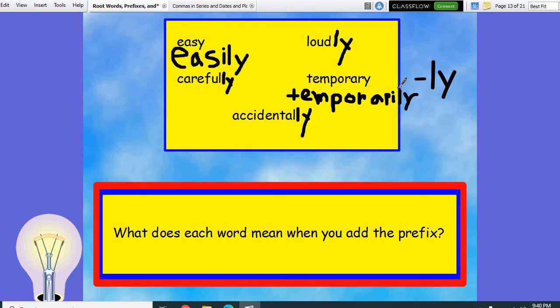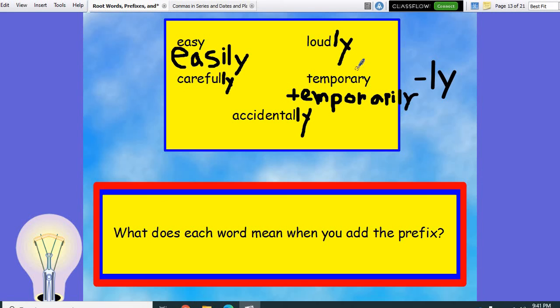Temporarily. Maybe you don't know what temporary means, but temporary means it's not going to last. You're not going to have it for a long time. It's going to be really short. I've seen signs on doors that say temporarily closed. If they're going to be temporarily closed, does that mean closed for a long time or a short time?